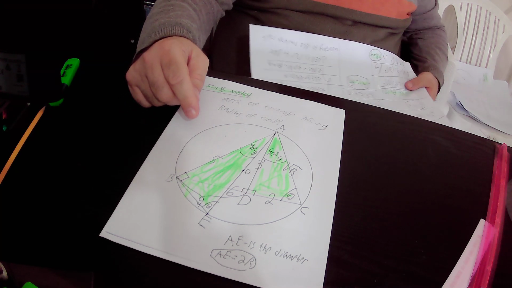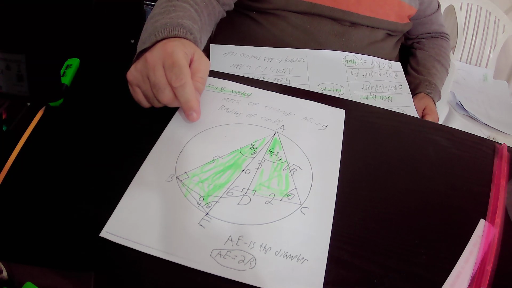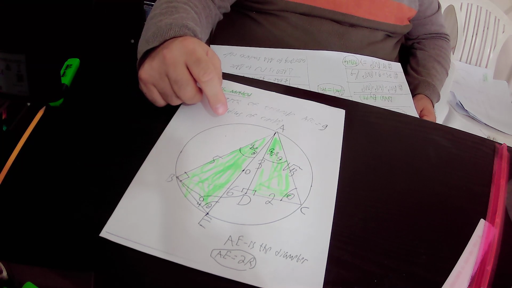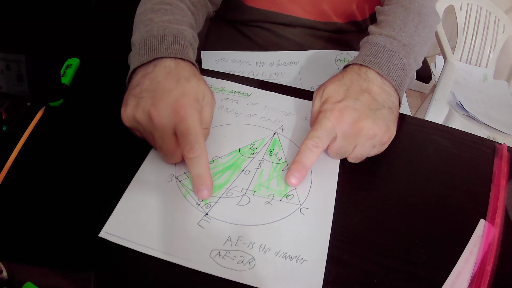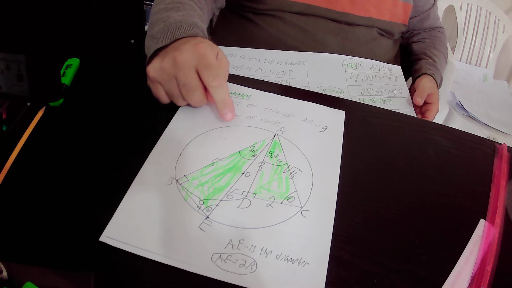And we have also another rule that peripheral angles that rest on the same chord are equal to each other. Those two angles both rest on chord AB, therefore they are equal to each other.